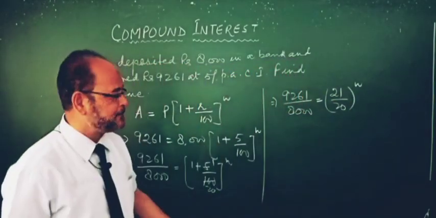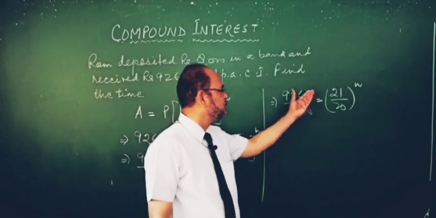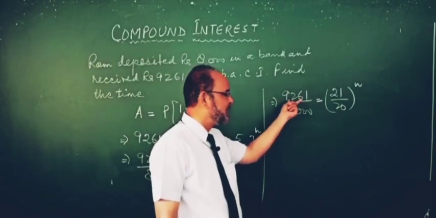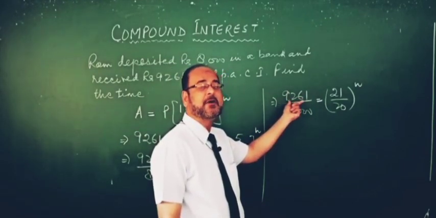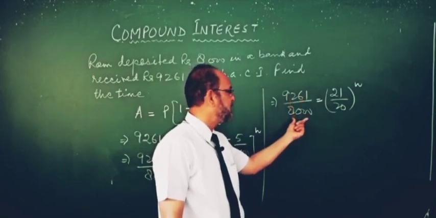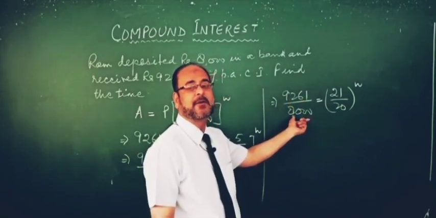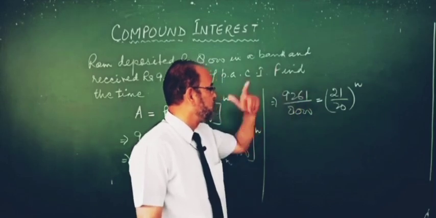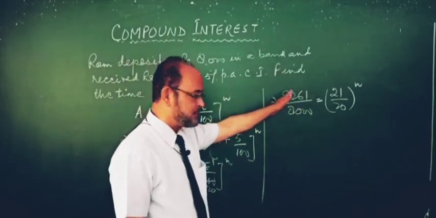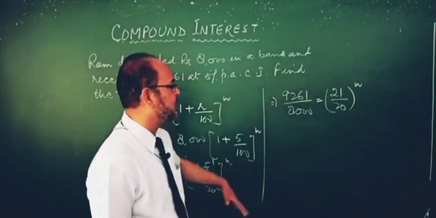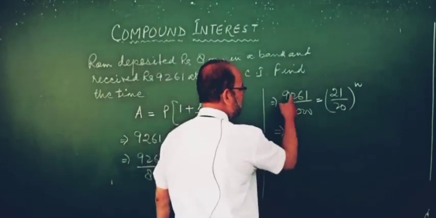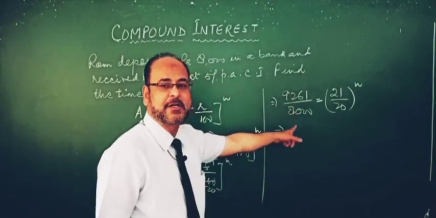Now what you have to do? Now you have to think over that this 9261 is what power of 21 and this 8,000 is what power of 20. So when you factorize 9261, you will come to know that it is 21's cube and this 8,000 is 20's cube.